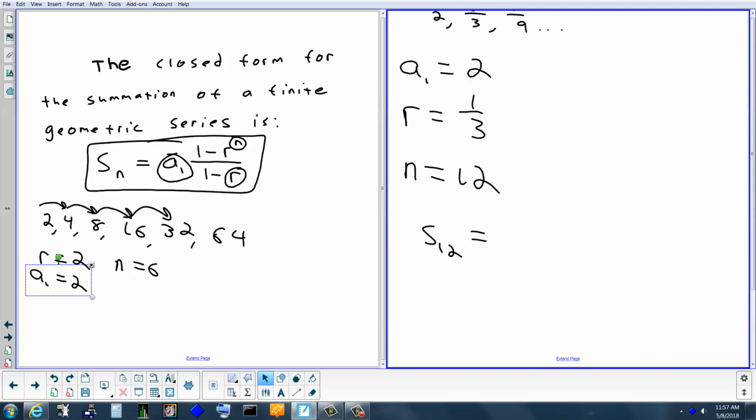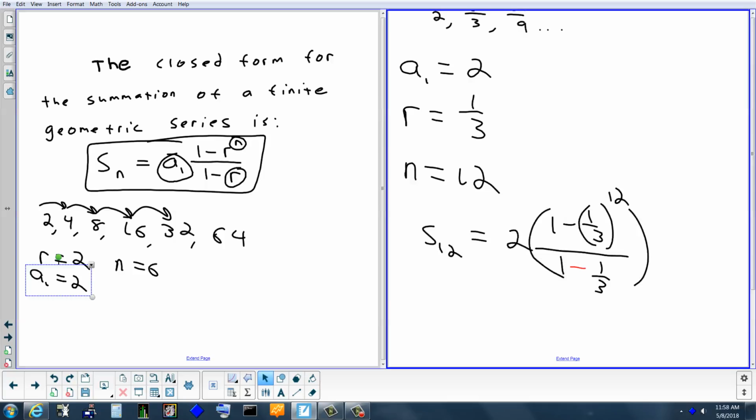So if you were to list out all 12 terms in that pattern I just showed you and add them all up, you would get 2 times 1 minus 1/3 to the 12th all over 1 minus 1/3.